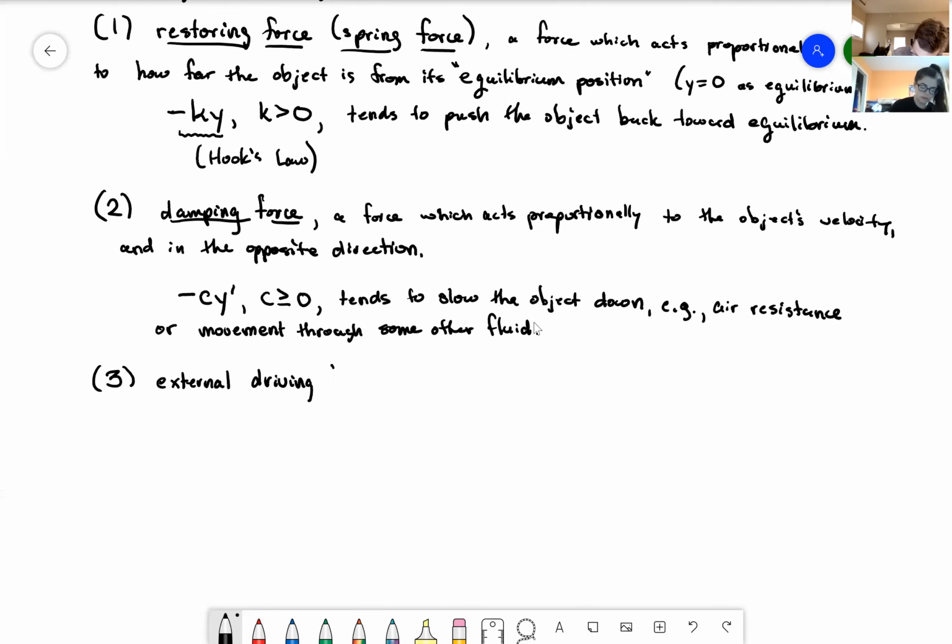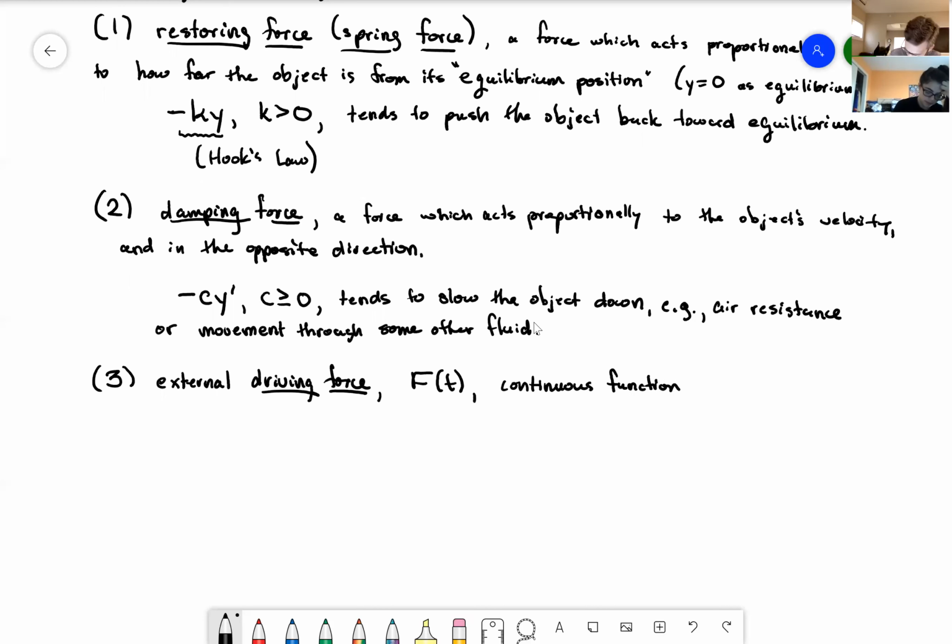driving force. So this is a force which we write as f of t. And this is just something else. We do think of this as a continuous function. It's nice because we can do calculus with it.